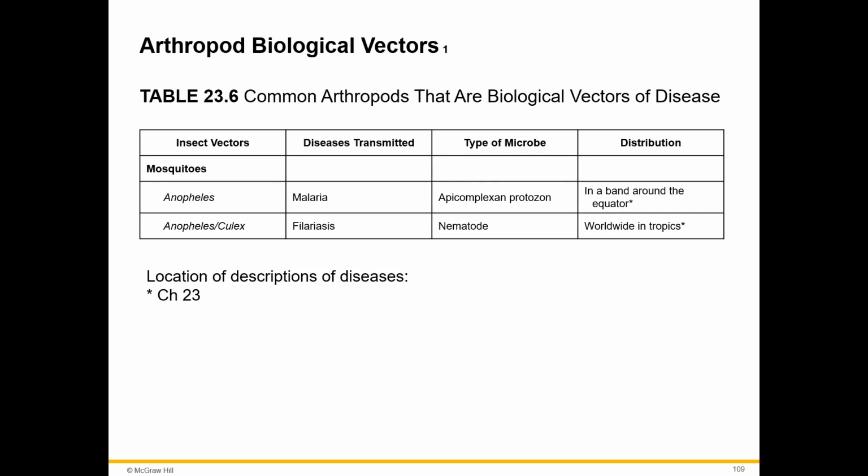We have the Anopheles species. Anopheles is strictly to malaria. Know that Anopheles is to malaria. We can get filariasis from the common mosquito Culex and Anopheles, which is the South American one, and that one can transmit nematodes. This is worldwide throughout the tropics.